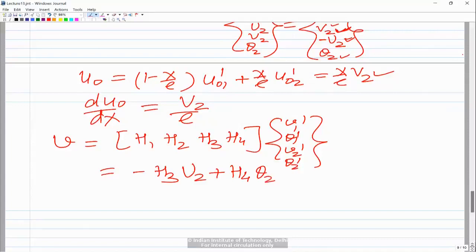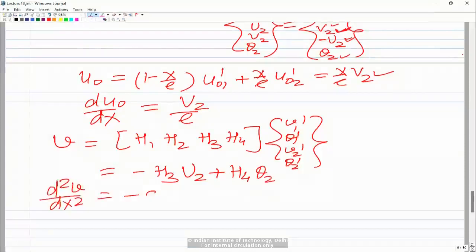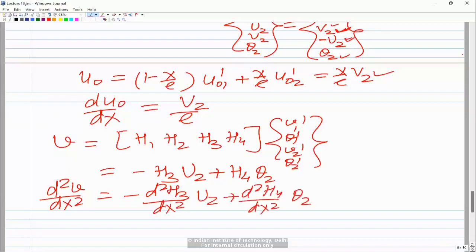From this, of course, you can calculate v at any location, and then for the strain expression we need d2v by dx square. That would be minus d2 h3 by dx square into u2 plus d2 h4 by dx square into theta 2. From this you will calculate d2v by dx square, and then you will calculate sigma xx.